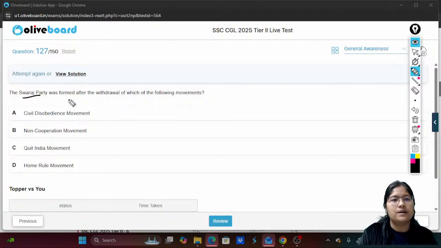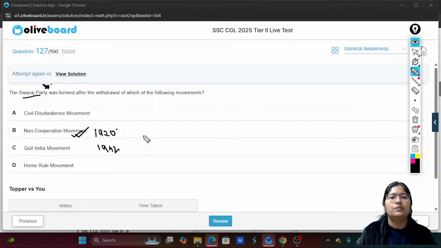The Swaraj Party was formed after the withdrawal of which of the following movements? Civil Disobedience Movement, Non-Cooperation Movement, Quit India Movement, or Home Rule Movement. So after the withdrawal of the Non-Cooperation Movement, the Swaraj Party was formed.